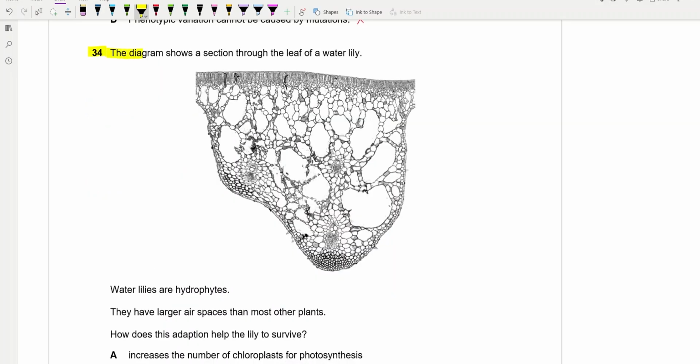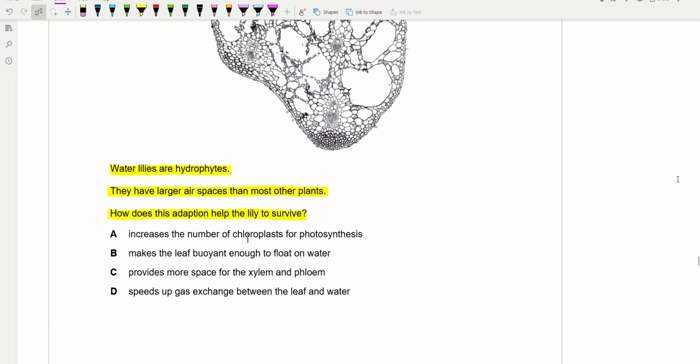Question number 34. The diagram shows a section through the leaf of a water lily. Water lilies are hydrophytes. They have larger air spaces than most other plants. How does this adaptation help the lily to survive? Option A, increase the number of chloroplasts for photosynthesis, which is wrong.